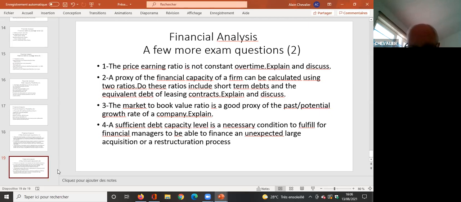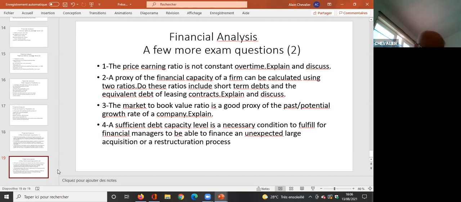Market to book value ratio is a very central ratio in financial analysis. It's a good proxy, as it is written here, of potential growth and performance of a company. The main difference between the market and book value ratio being, in fact, the net present value of the future cash flow discounted at the rate which is the cost of equity, right?